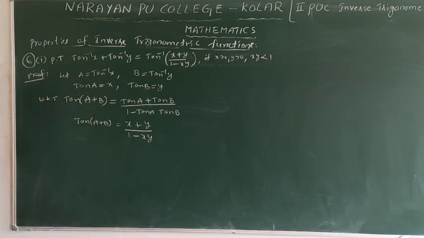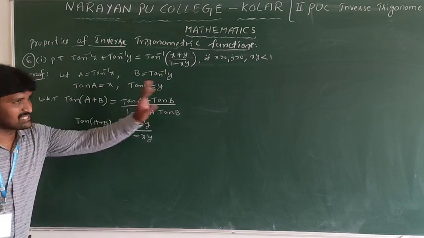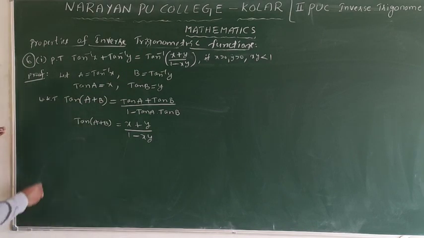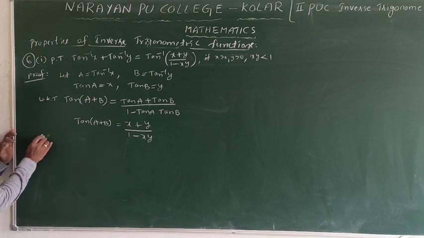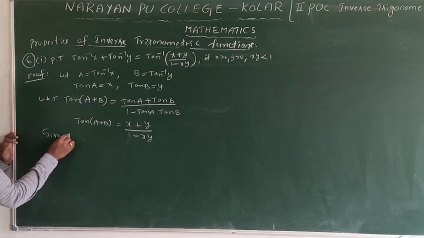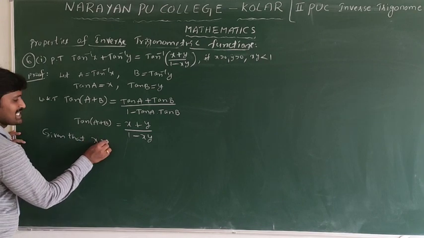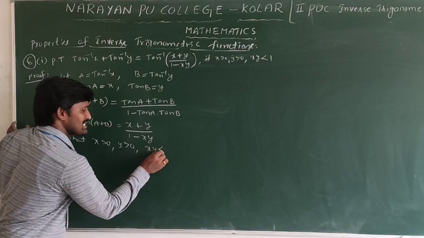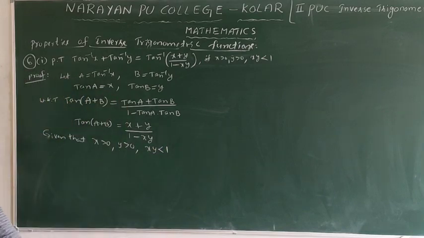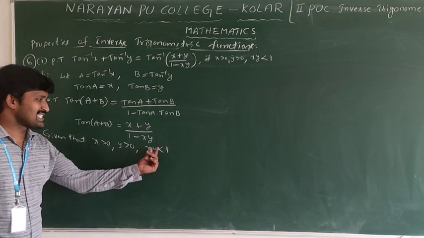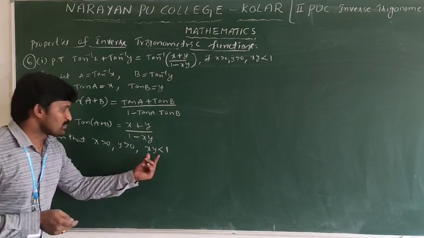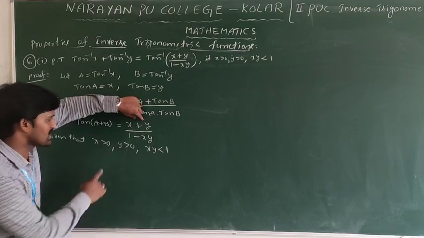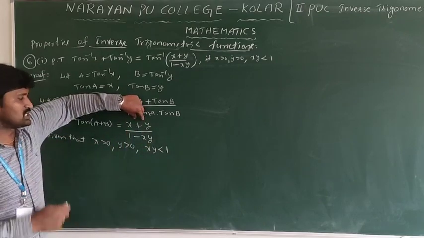Before converting tan to the right side, we need to check the conditions. What are the conditions given? x is greater than 0, y is greater than 0, and xy is less than 1. X positive, y positive, xy less than 1 means below 1. When it is below 1, 1 minus xy also becomes positive. Numerator also positive because both are positive, so the sum is also positive.